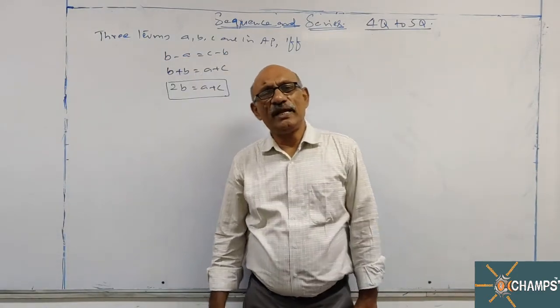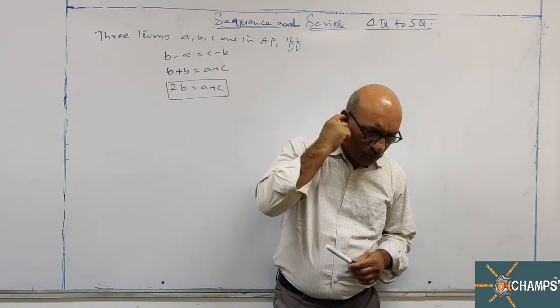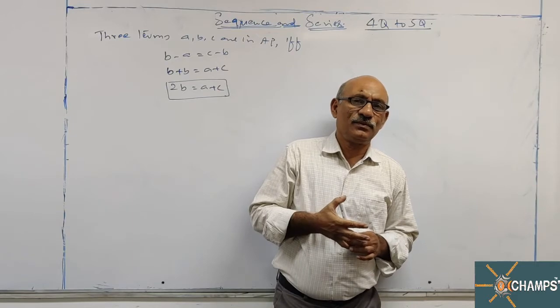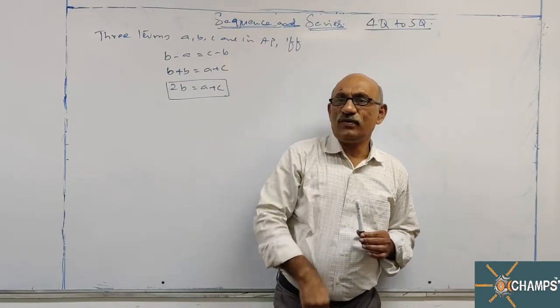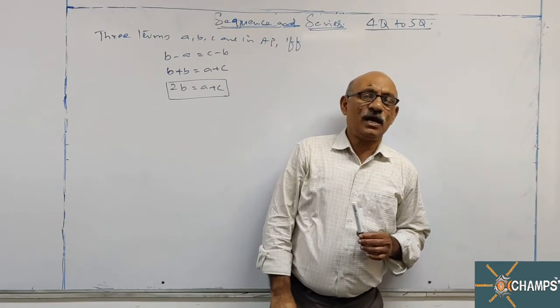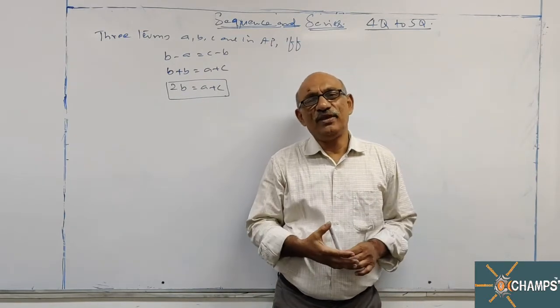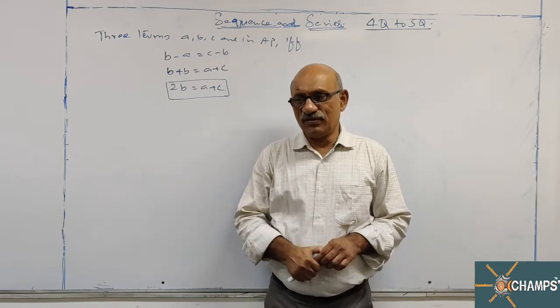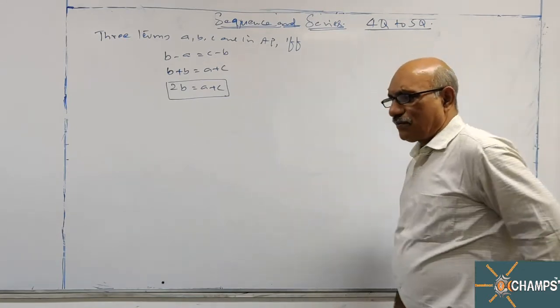Two times the middle term is equal to the sum of the first and last terms. Then the sequence is said to be in arithmetic progression. This is based on the concept of the general term of the sequence.